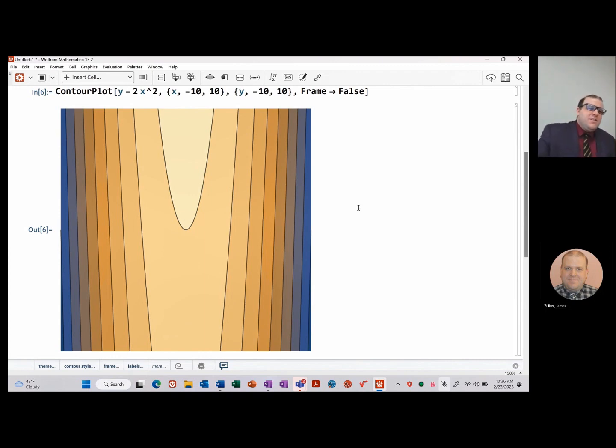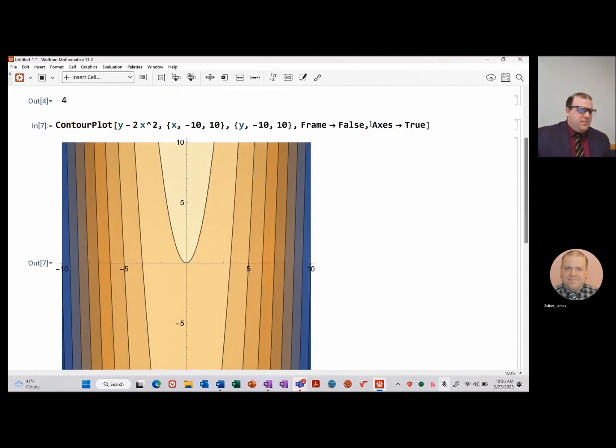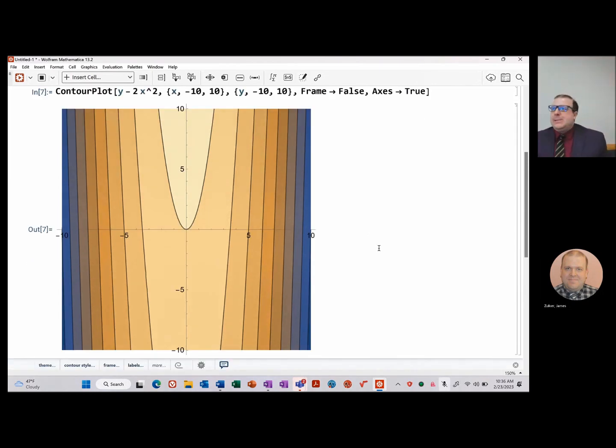Okay, that's nice. Now let me turn axes on. Perfect. It looks like it's already set to have the origin at the actual origin, so I don't need to worry about adjusting that.